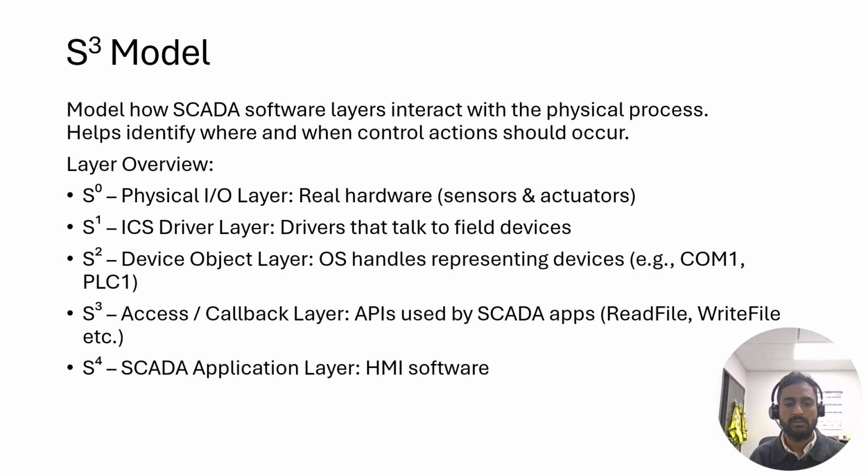With the S cubed model, we have the first, or the S0 layer, which is the real hardware like sensors and actuators. The S1 layer is the ICS drivers that talk to field devices, such as, let's say, Modbus TCP, Ethernet IP. The next one is the device object layer, the OS handles that represent these devices, let's say sockets for specific PLCs.